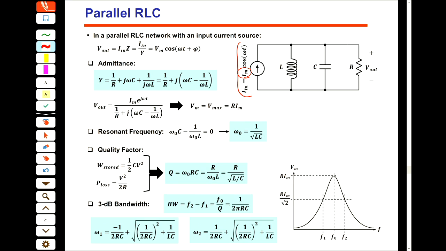The voltage across your load R comes from this formula, where Z is the input impedance of this circuit. So the voltage across these two points comes from the impedance of this circuit multiplied by the current that we feed into it, or the current divided by the admittance.